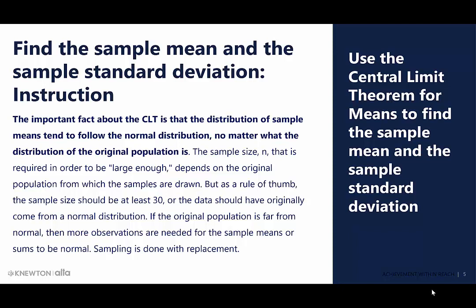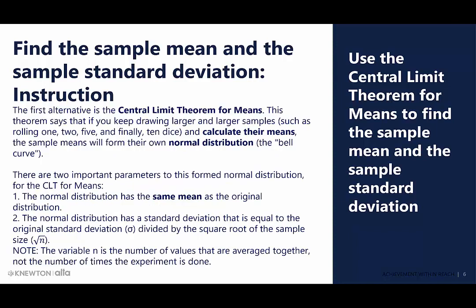Well, it turns out that if the sample size that you're using is big enough, then that distribution of sample means actually becomes normal. We say approximately normal. And so the key here is that the sample size should be at least 30. That means your sample size needs to be at least 30 in order for us to say that the distribution of sample means is approximately normal, and therefore we can find related probabilities.